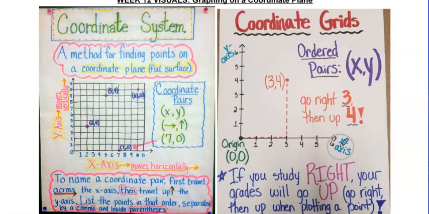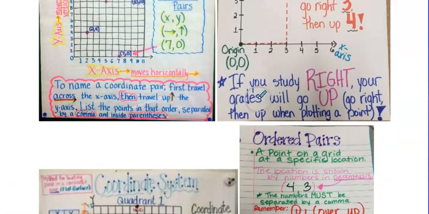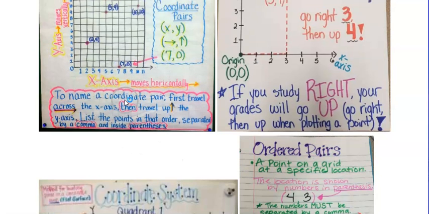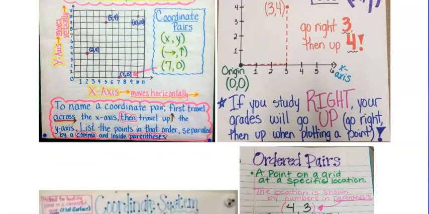This is a really great resource for you today, and for your other assignments throughout the week. So make sure that you're referring back to these because it's great. You're going to go right, so you're going to go over to the right, and then you're going to go up. So it just reminds you how to write ordered pairs, how to read a coordinate grid. So there's a lot of great resources here.